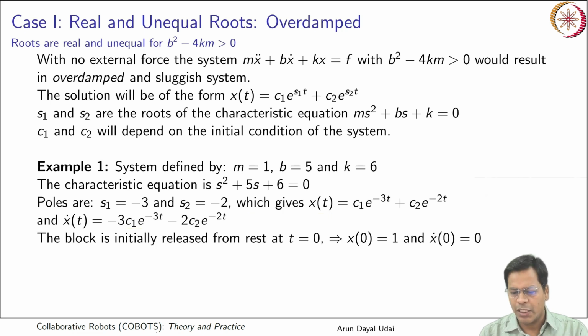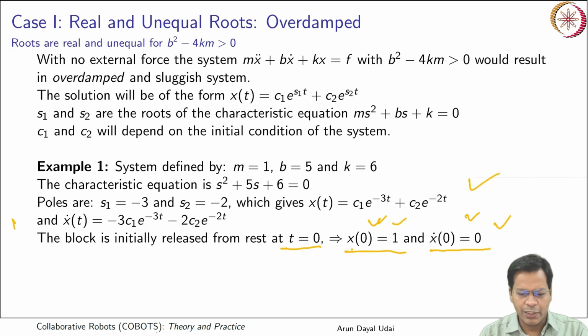Substituting the initial condition, I know at time t is equal to 0, when the block was released, it has a displacement of some unit meter, so 1 meter. Okay, and then x dot 0 is equal to 0, that is initial velocity is 0. Okay, so this is how these two conditions can be put over here and here.